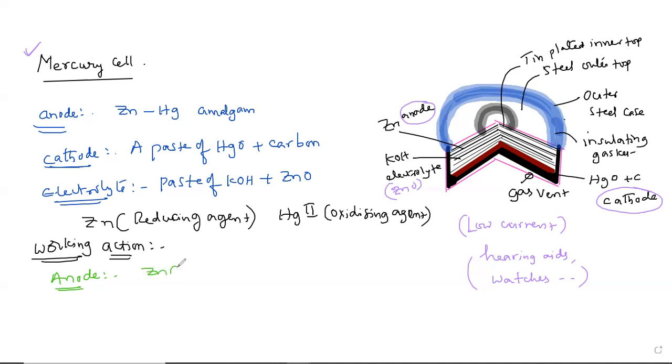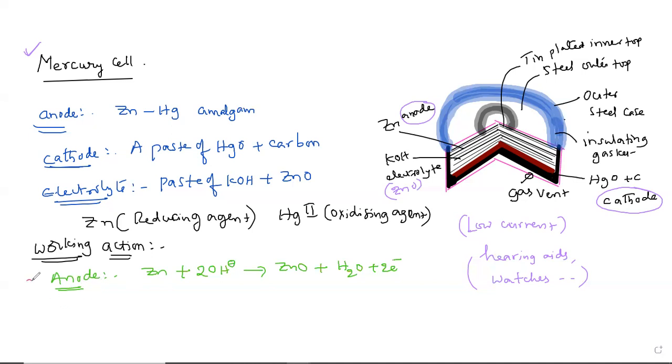Zinc amalgam means zinc is present in mercury; to avoid confusion you can write only zinc. It combines with the OH minus ions coming from the electrolyte and forms zinc oxide, ZnO, with the liberation of H2O and electrons. This anode reaction is the oxidation reaction, and water is formed.